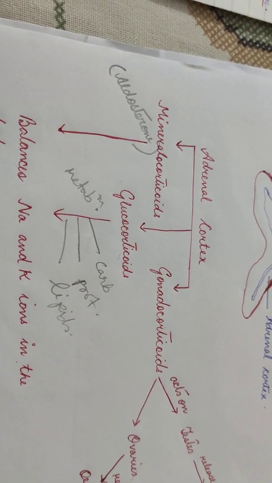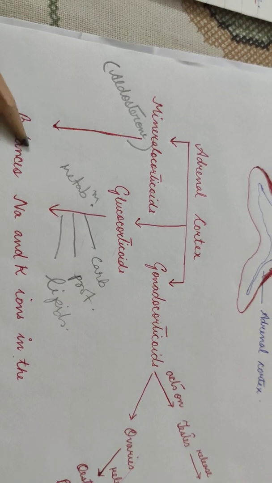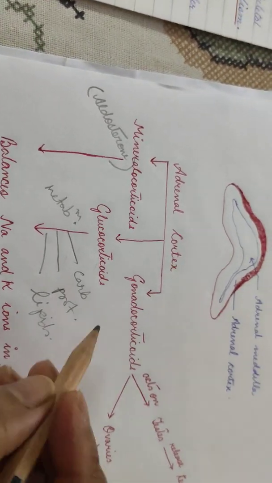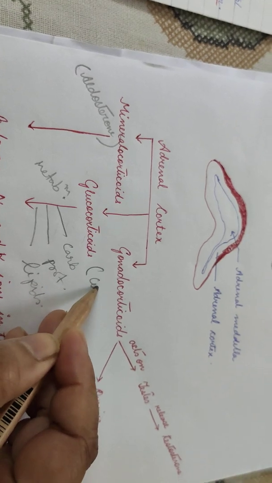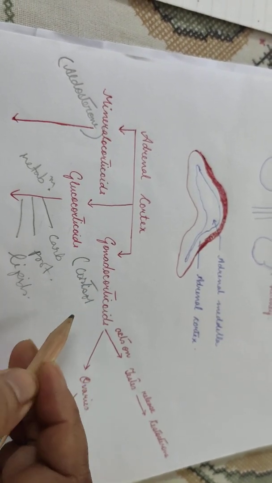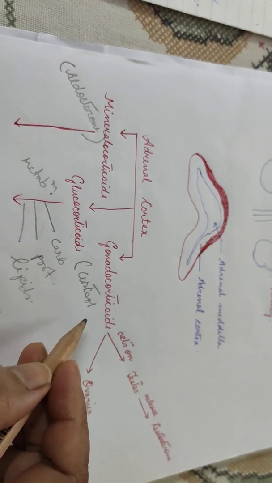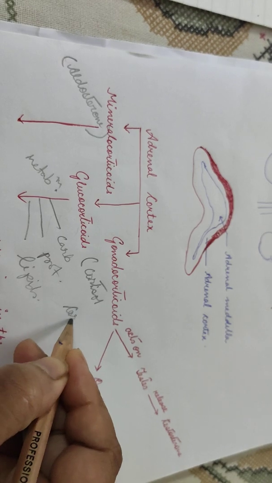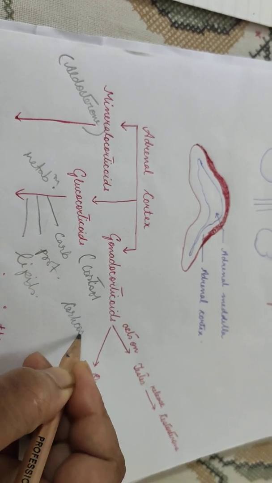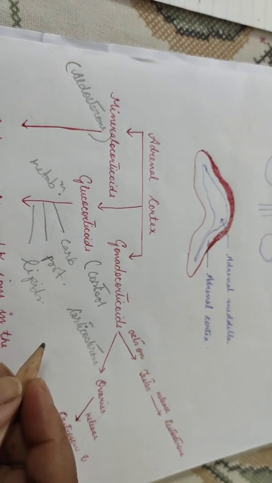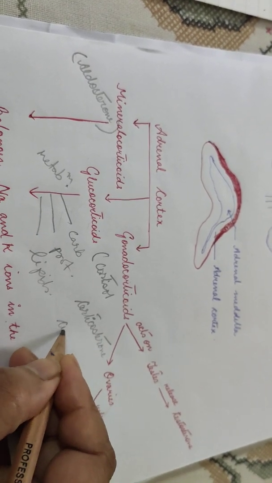Glucocorticoids include three main hormones. They are cortisol, corticosterone, and cortisone.